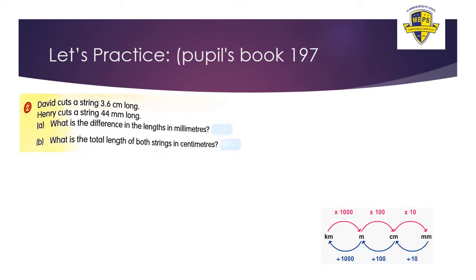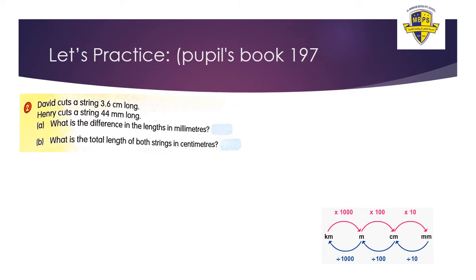Now go to pupil's book, page 197, and let's do question 2 together. Question 2. David cuts a string 3.6 centimeters long. Henry cuts a string 44 millimeters long. A. What is the difference in the length in millimeters?